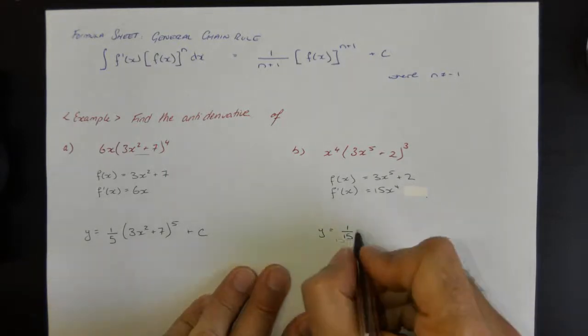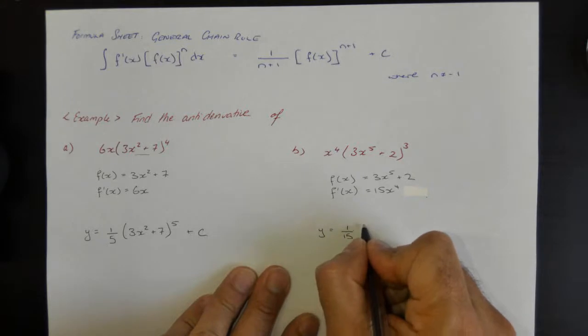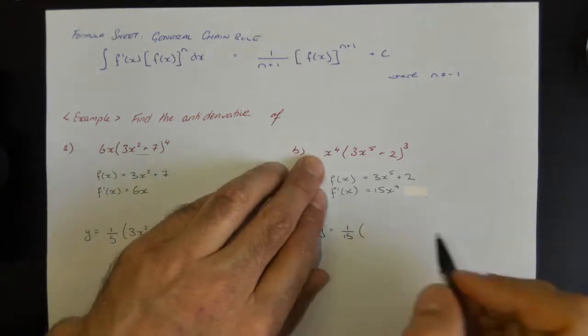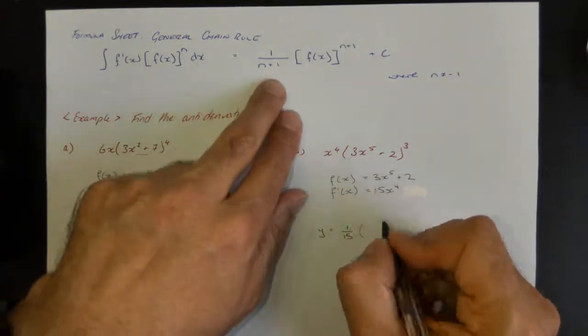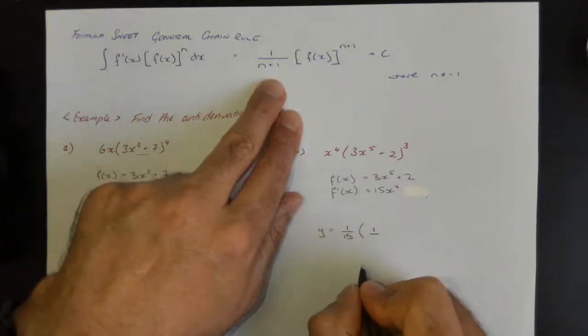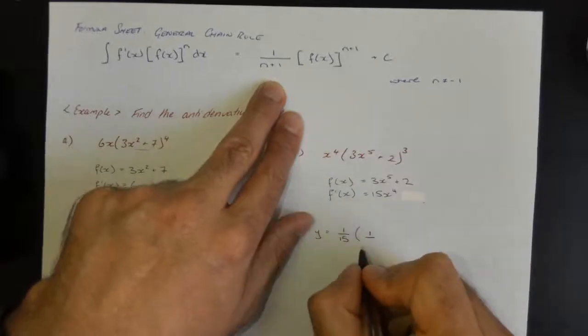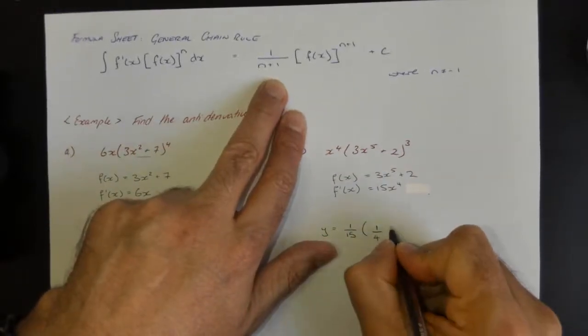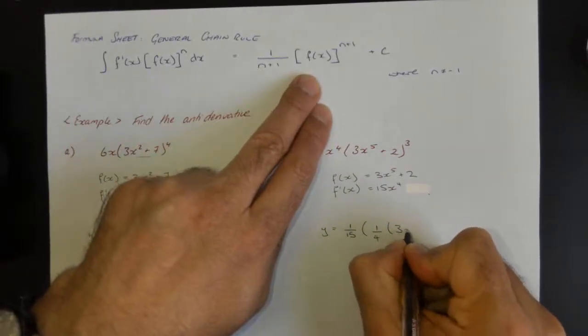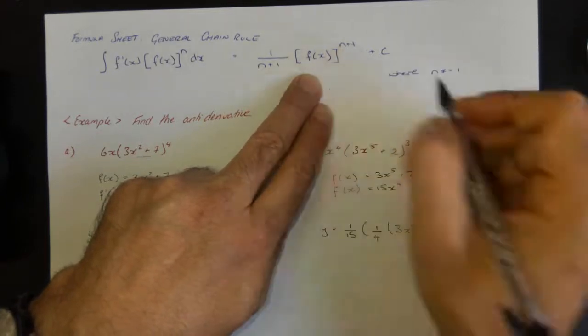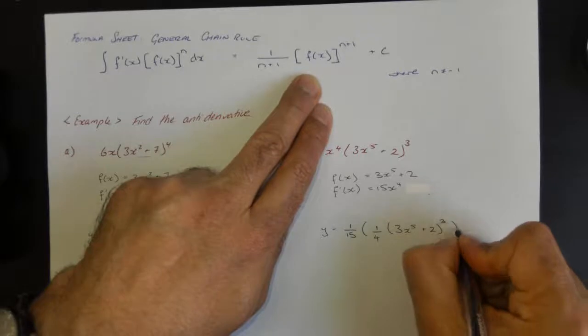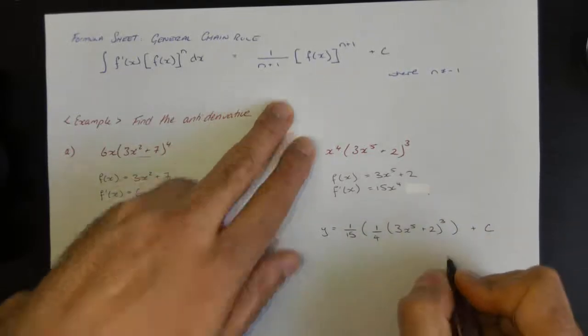And that means you'd then get this idea: 1 over n plus 1, so n is 3, so 3 plus 1 is 4, times the function to the power of n plus 1, which is 4, and then plus c.